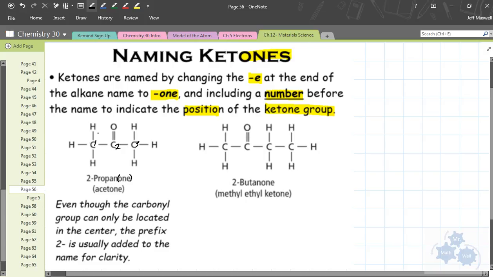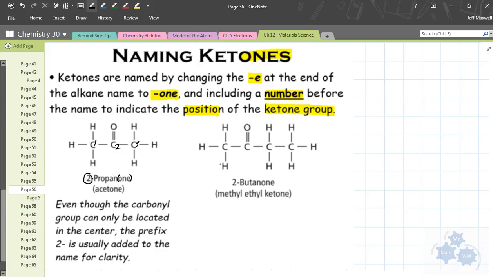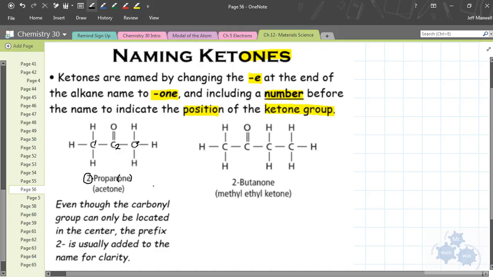And it's on the second carbon, so we add the 2 there, 2-propanone. Even though technically, because it's a ketone, when you see the -one, you know there's only one option. Because there's only 3 carbons, it has to be in the middle one. And the little note here is that even though there is only one option in this particular compound, we put the 2 on for clarity.